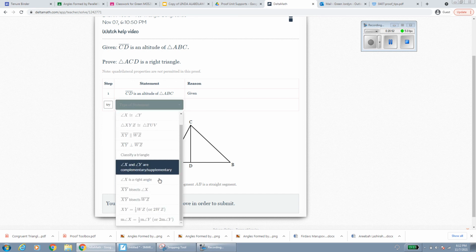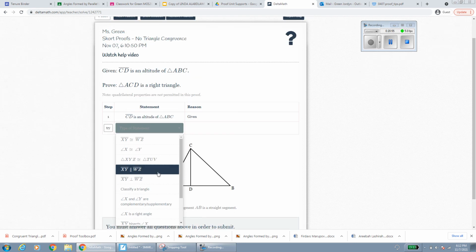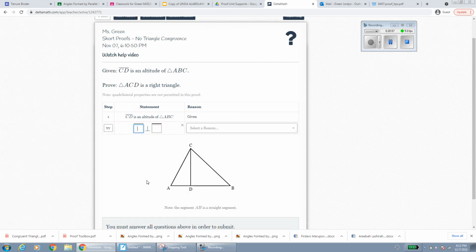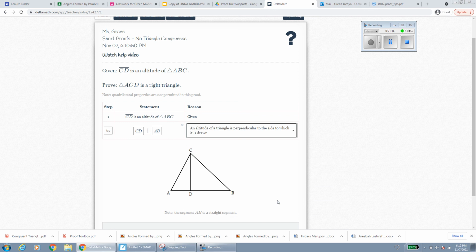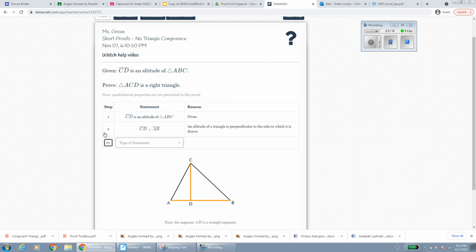So maybe I want to say that CD is perpendicular to AB. And maybe we can put the reason that altitudes are a perpendicular line. So yeah, here, look, an altitude of a triangle is perpendicular to the side to which it is drawn. Altitudes are perpendicular lines. We actually have to put that step in. Yeah, these two lines are perpendicular because we have an altitude.